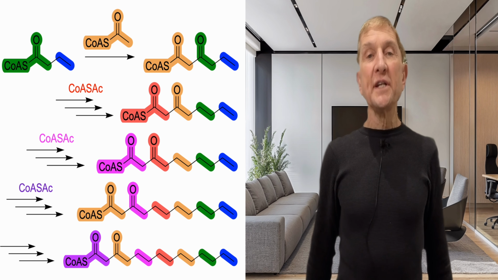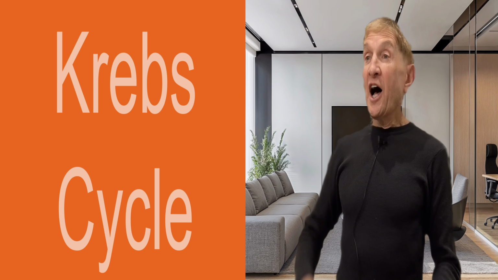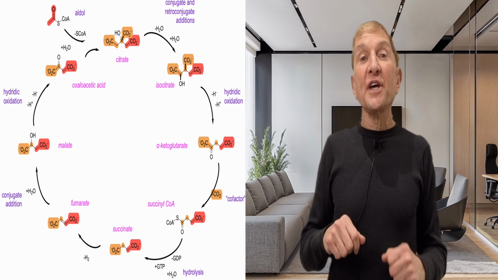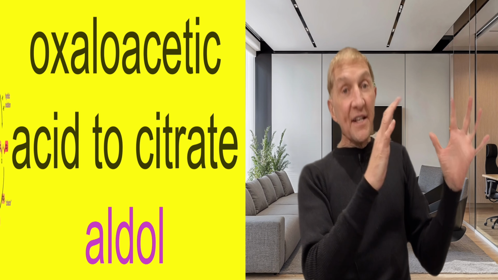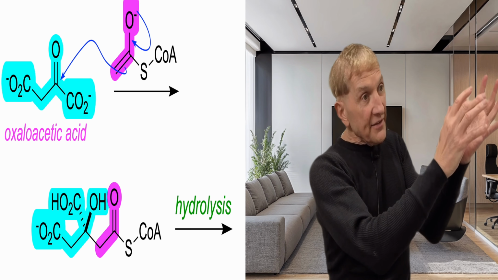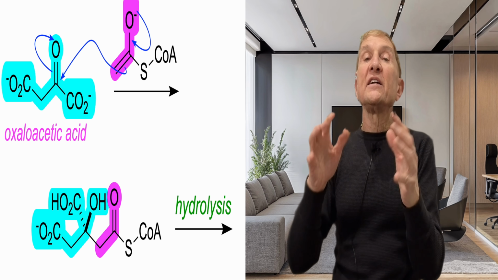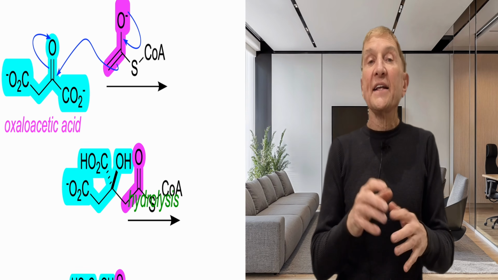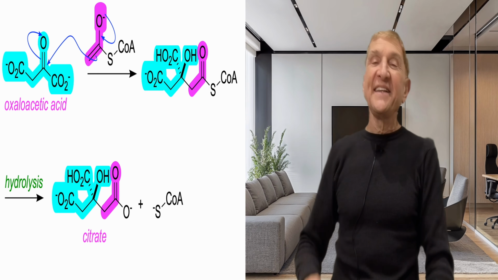Let's look a little bit deeper into the Krebs cycle. I already have a video on the Krebs cycle, but let's zoom in on some of the early steps. Let's take acetyl-CoA, form an enolate or an enol, and add that to oxaloacetic acid. That gives citrate in the Krebs cycle.